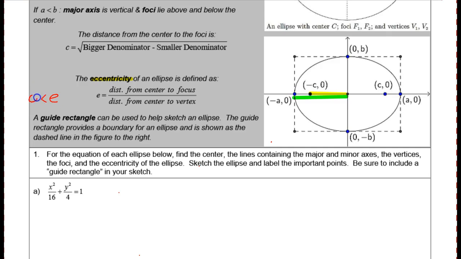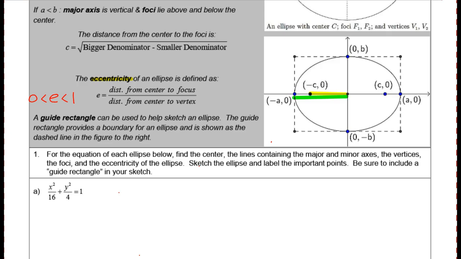It has to be bigger than 0, and it has to be less than 1. Now, the closer it gets to 0, the flatter the ellipse gets, so the more squished it gets. The closer to 1 it gets, the more circle-like it gets, so the less squished it is.